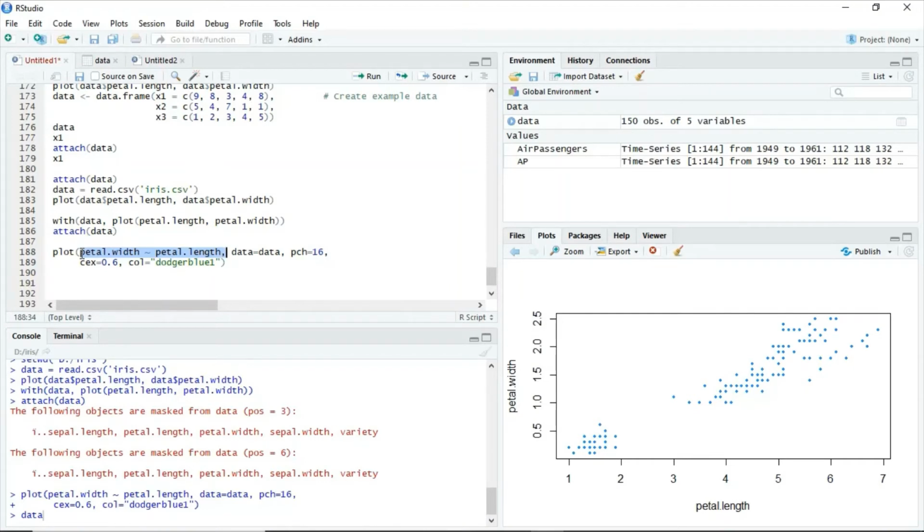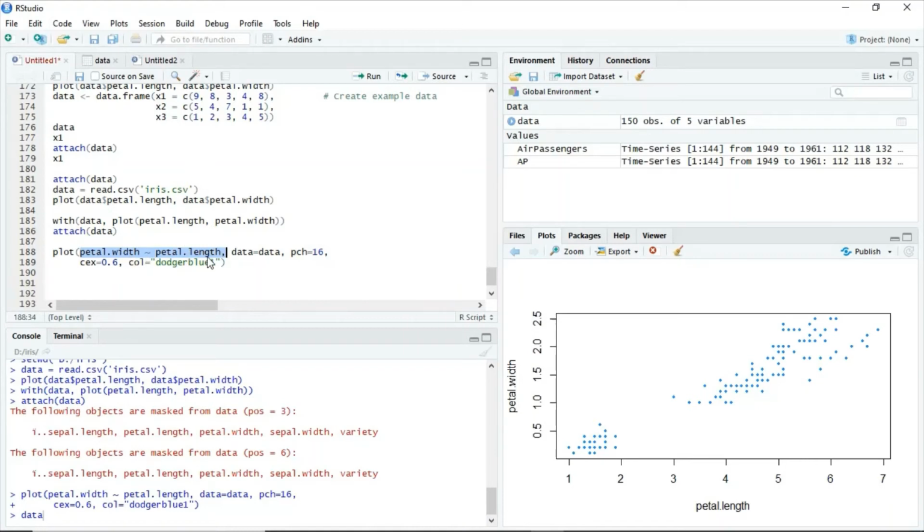The formula syntax requires your variables to be in order, that is y tilde x. So Petal.Width is your y axis, and Petal.Length is your x axis. Whenever you are using the formula syntax for plot, first you have to write the y axis and then the x axis.